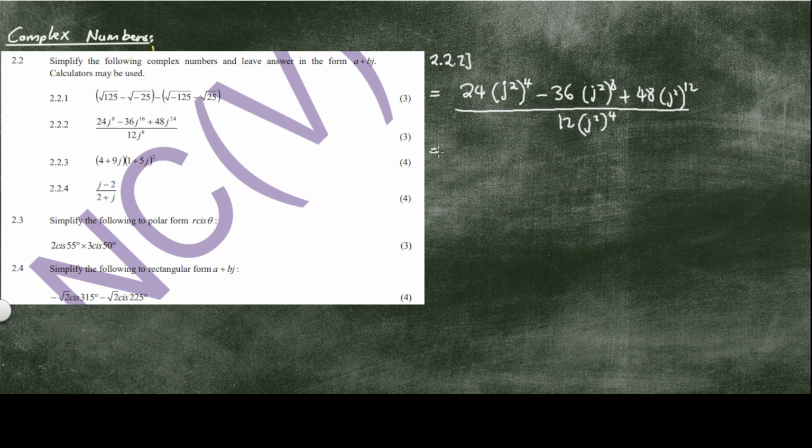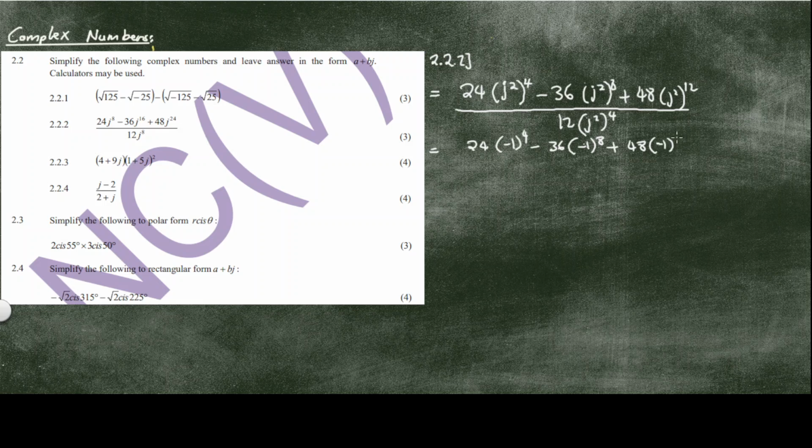You still remember this, right? Okay, so let's simplify the j's inside the bracket. We're going to get a minus 1, 4, minus 36. We now have a j squared. It's a minus 1 raised to exponent 8 plus 48 j squared.